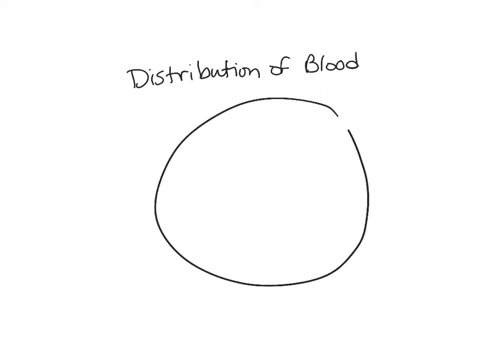Okay, so let's look at the distribution of blood. Where is blood found in your body? If we want to look at a graph here, the venous system contains about 65 to 70%.